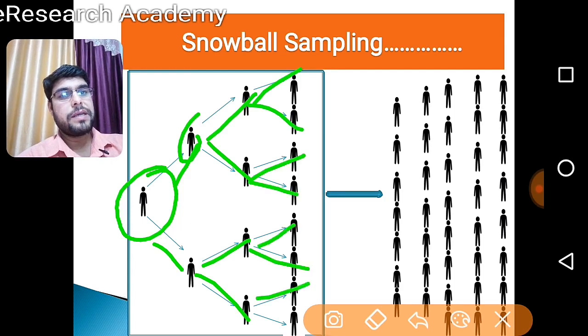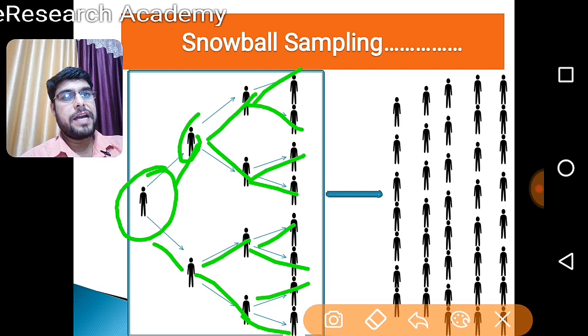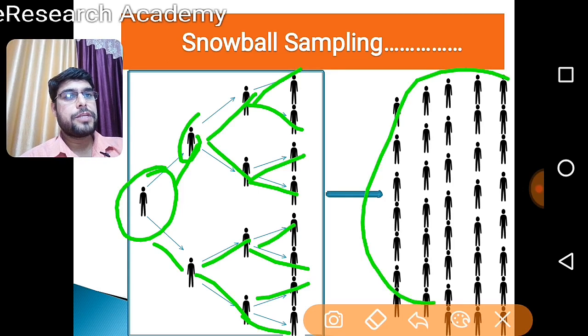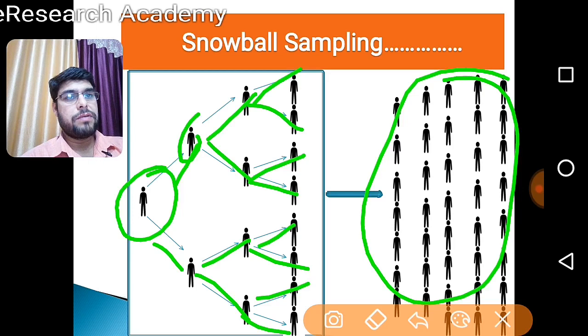In this way we have a chain here, and if we go on in this process, we have this much of a sample for our study.